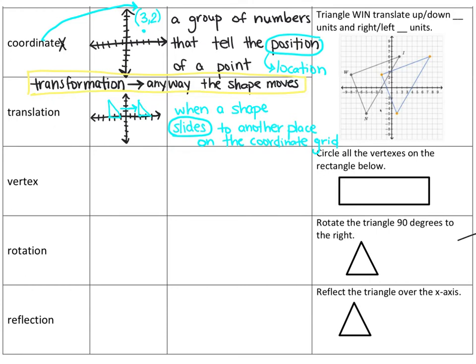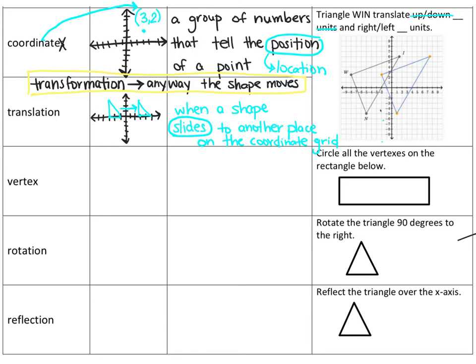Okay. Here we are starting with this black triangle. This is the original triangle, WIN. Triangle WIN translates. It doesn't actually translate up or down. Sometimes if it did, we would say it moved up 1, 2 spots. But it didn't do that, so we are going to cross that out.